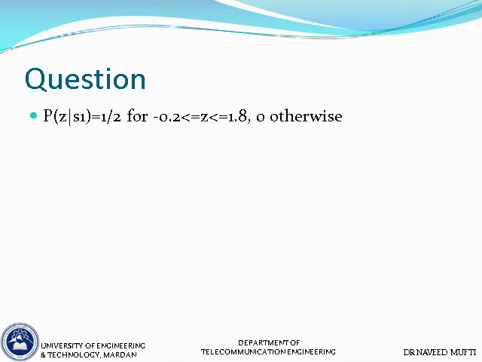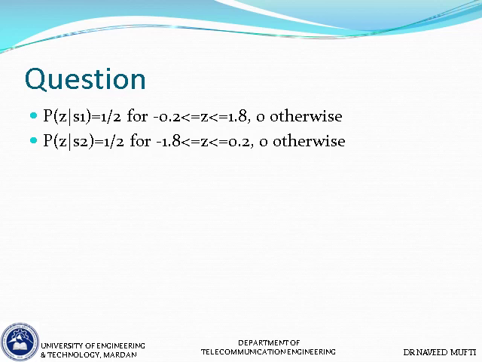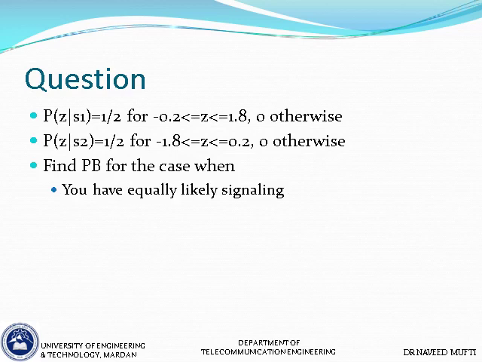And secondly, that is the likelihood of S1. You're also given the likelihood of S2, which is equal to 1 by 2 for a certain range of z, and it is 0 otherwise. So this is the further information you are given, and you have to find the probability of bit error for the case when you have equally likely signaling and symmetric probability density functions.